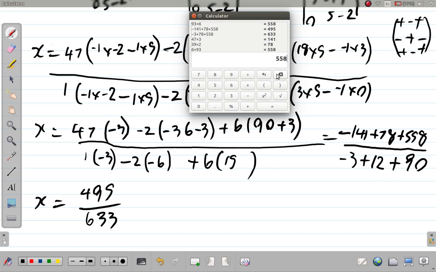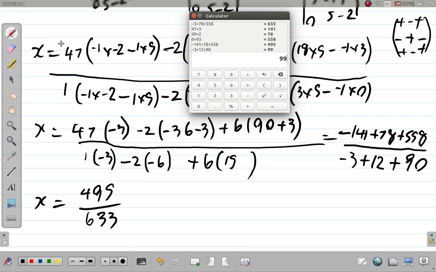So let's look back at it now. Negative 141 plus 78 plus 558 equal 495. It remains 495. This other one now, negative 3 plus 12 plus 90 equals 99.